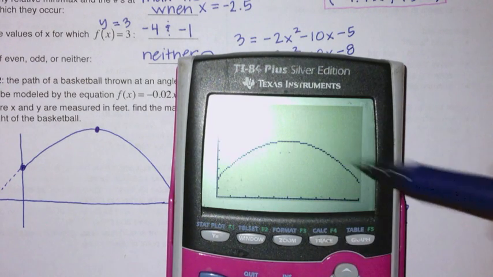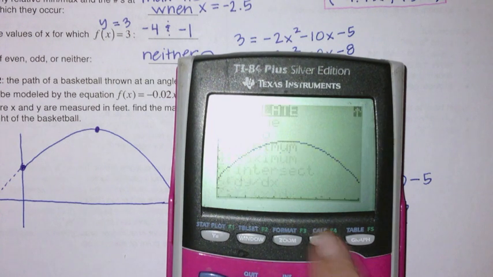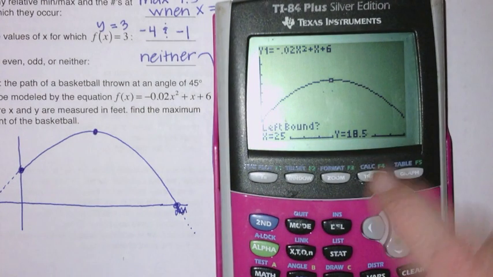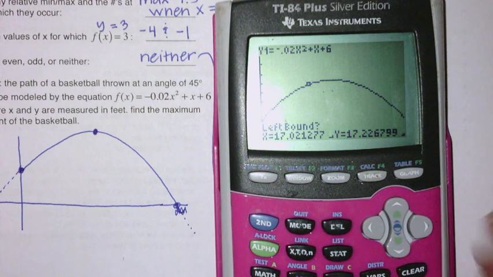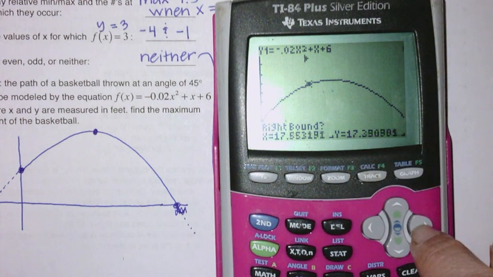What I'm interested in is this point, so second calc, and then I need to find number 4, maximum. The way I'm going to tell that I'm to the left of my maximum is by watching my y values. I'll start clearly to the left and hit enter. To know when I'm to the right, look at your y values.